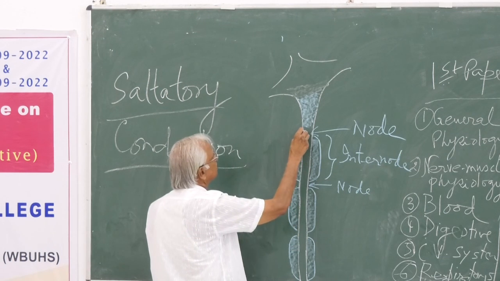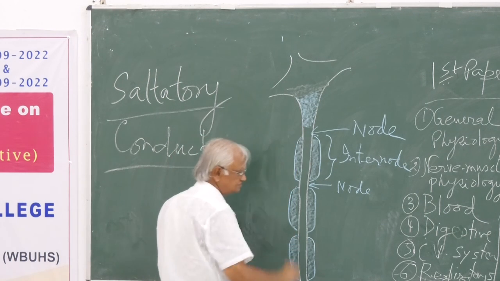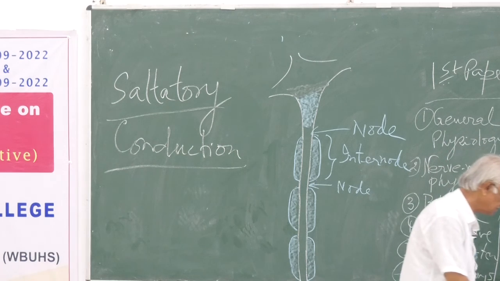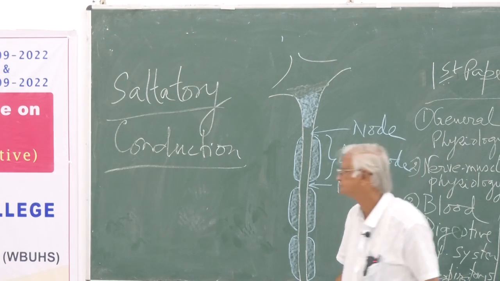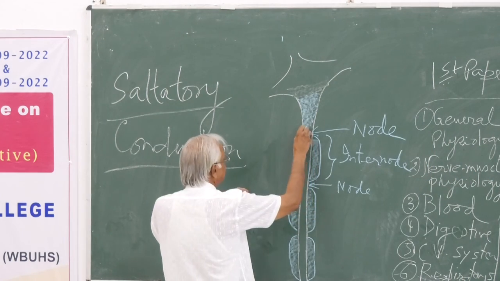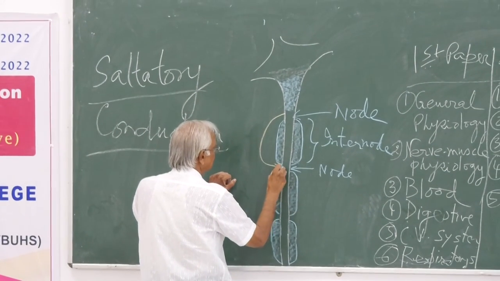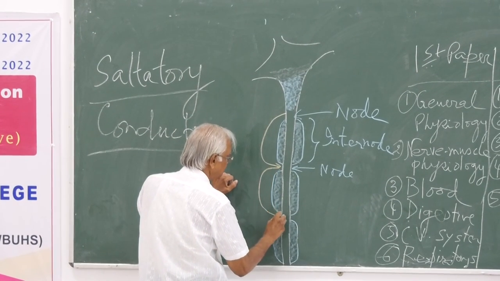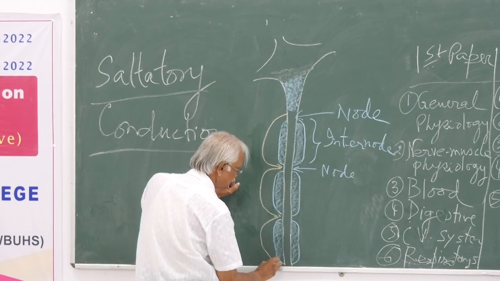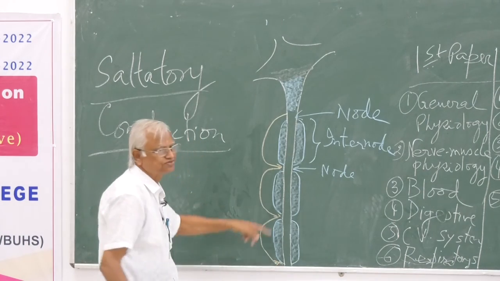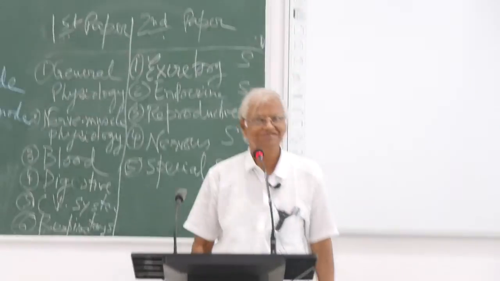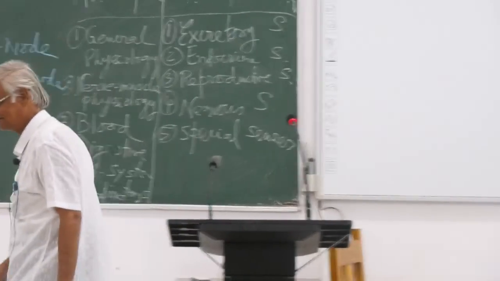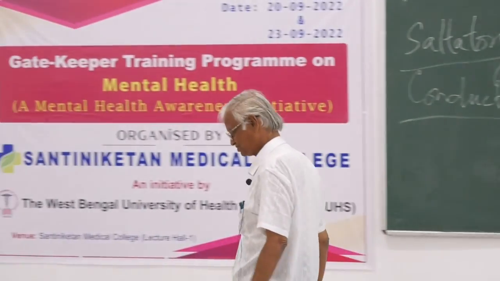So this action potential travels from here to here, from here to here, from here to here. So it jumps like this. It is not walking like this, but it jumps.